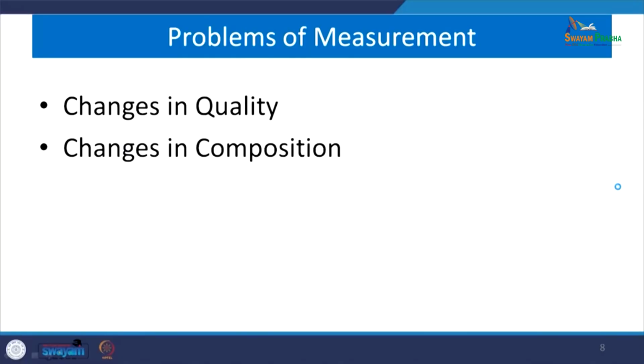Similarly, if there have been changes in the composition of the product being imported or exported, for example, we imported a product with a certain composition of raw materials, but it was found later on that the composition had changed. These are not yet captured by different methods of measurement.